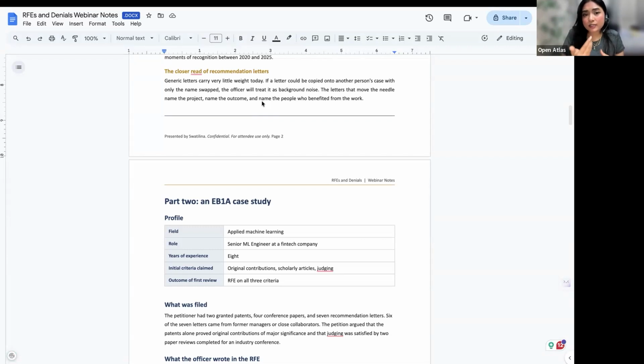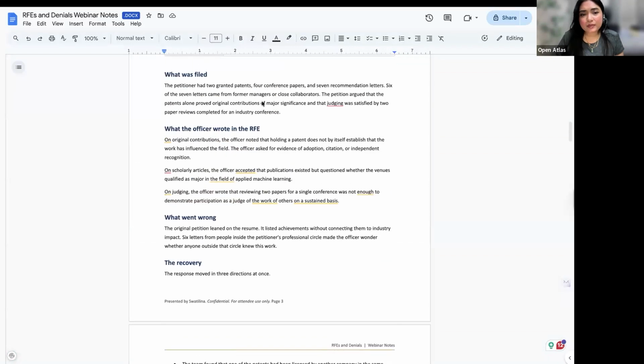So these do not only anchor or become primary evidence. Sometimes for other criteria, these also come as supporting evidence. So this basically is an art. You can place it anywhere, but you have to make sure that if I'm using this letter, what part of evidence it is supporting in the whole picture.